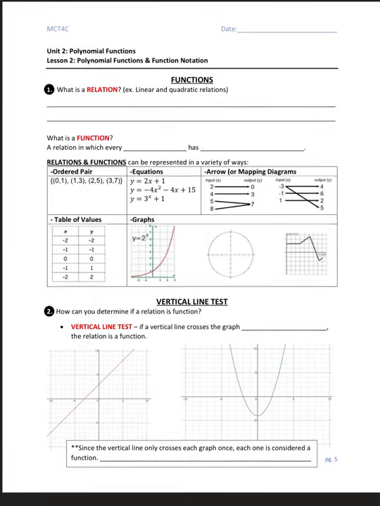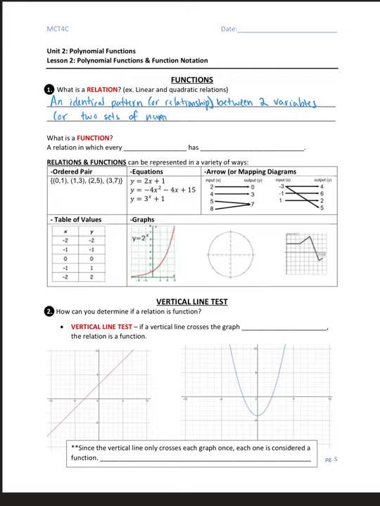So a relation is an identifiable pattern or a relationship between two variables or two sets of numbers.